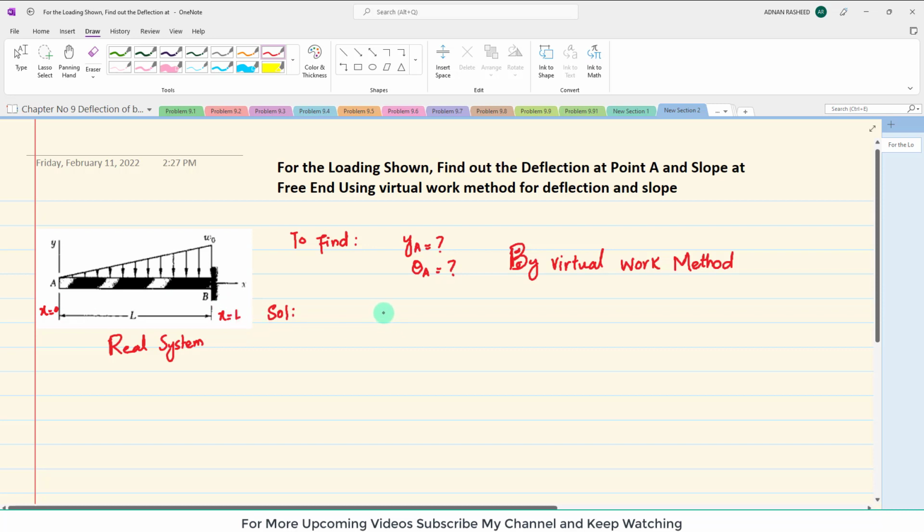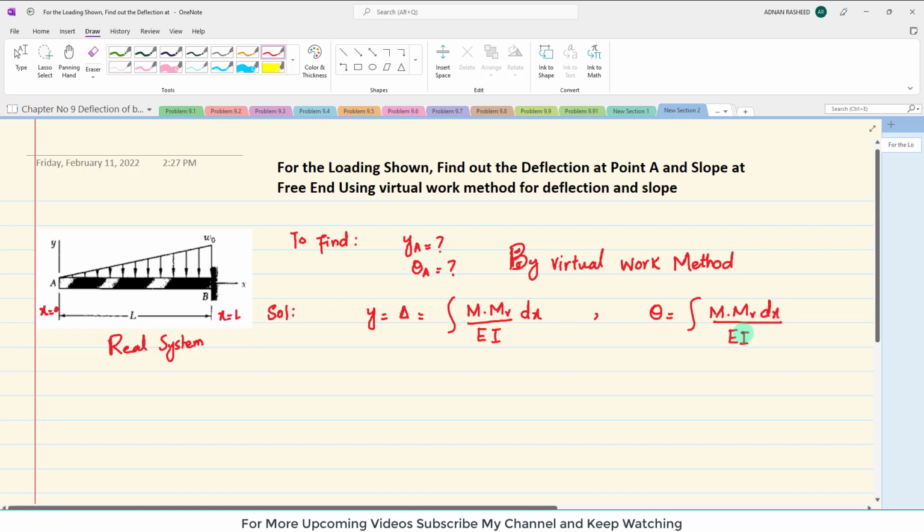So what we will do is, first we will find the moment equation, because by using virtual work method we have deflection, which is equal to y, or we can also represent it as delta, and this delta is equal to integral of M into MV divided by EI into dx, while the slope is also equal to integral of M into MV into dx divided by EI.